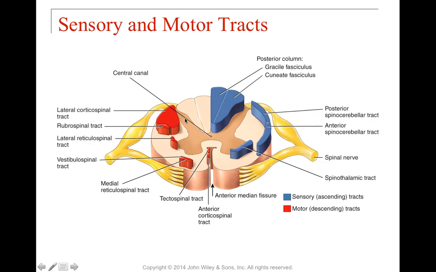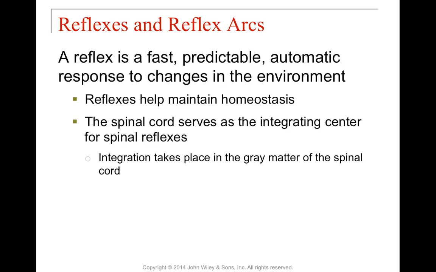In terms of our motor tracts, we have the lateral corticospinal tract, the rubrospinal tract, the lateral reticulospinal tract, and the vestibulospinal tract here. All of these are motor tracts, or descending information comes from the brain and is going to end up going into, here's the tectospinal tract, I almost forgot that. That's going to go into the muscles themselves, so into effectors or motor nerves, or neurons.